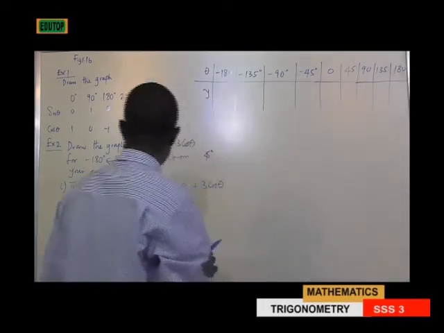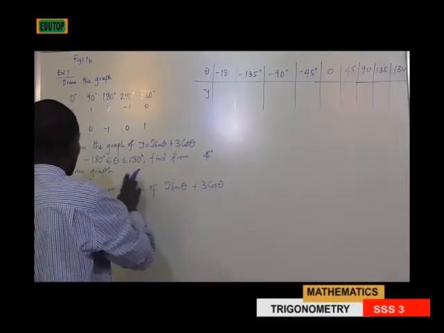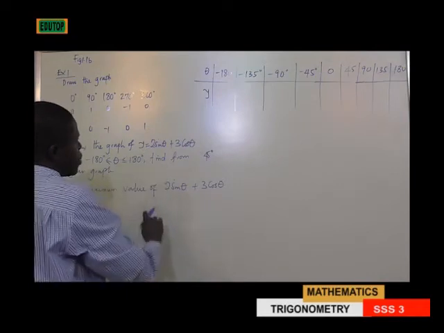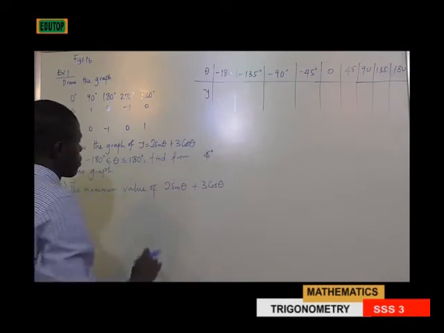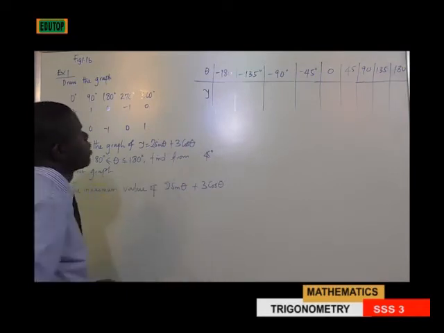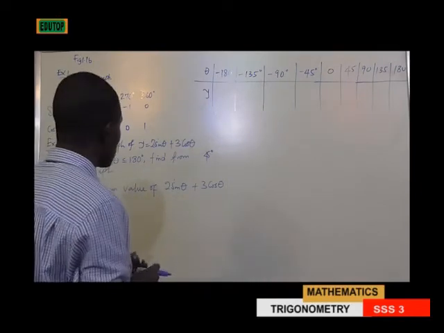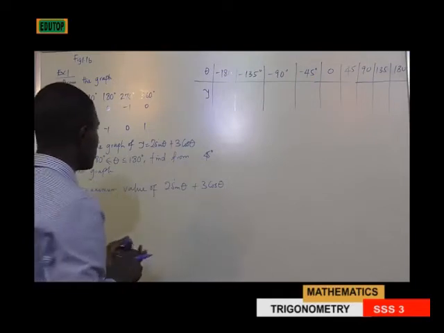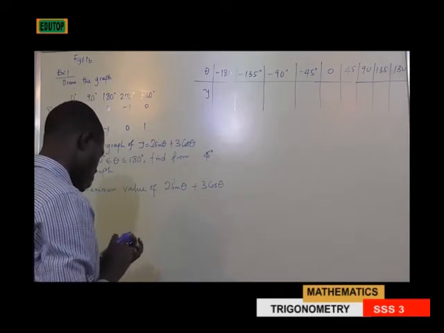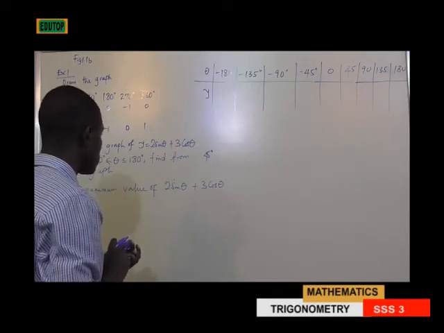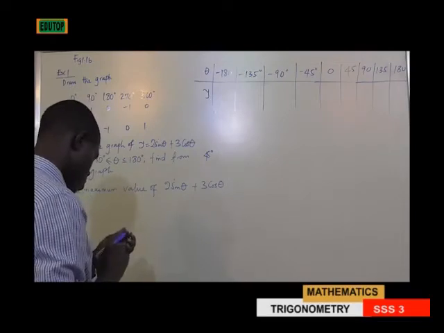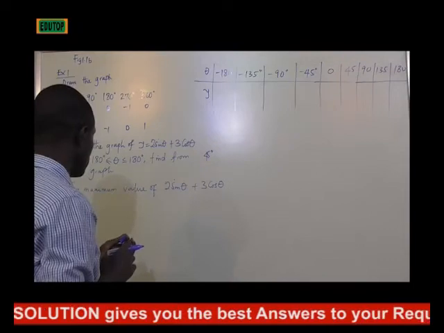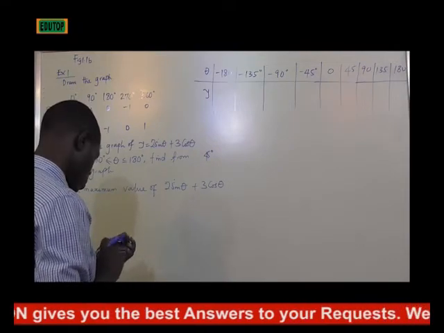So the y function has been given in the question to be this. So automatically, if you have to calculate this, then we'll have sine minus 180 times 2.